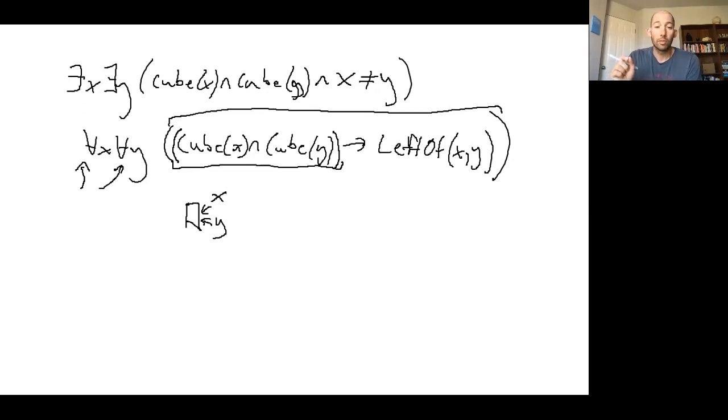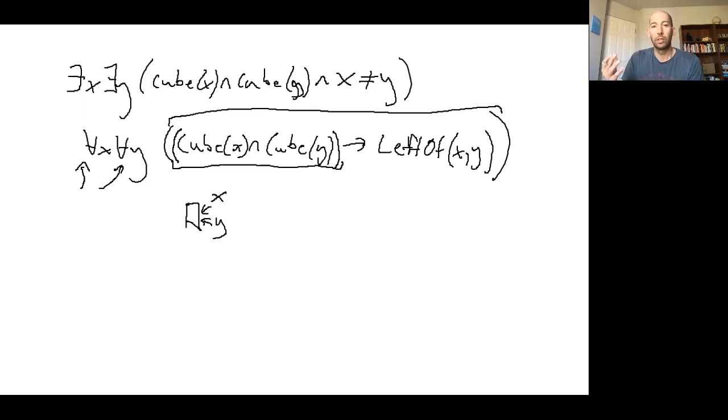Now that type of sentence as well is going to be difficult to do in the kind of domain that we currently have, because on our grid we have a maximal point that you can be to the left of. But if we imagine a funny scenario where you're imagining the globe, for example, you want it to be possible to say that every cube is left of every other cube, including itself, if you wrapped all the way around the world. Now, we're not going to consider those types of odd cases.